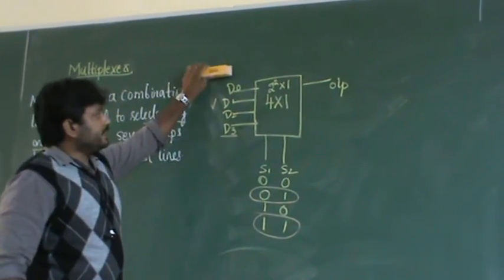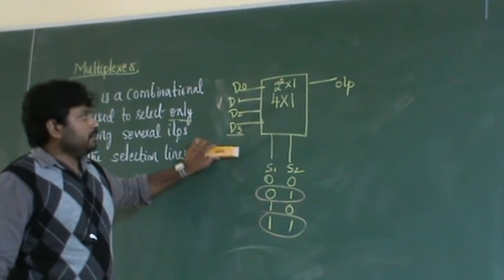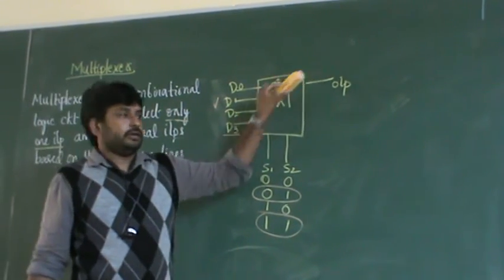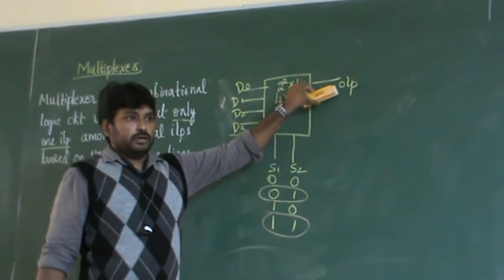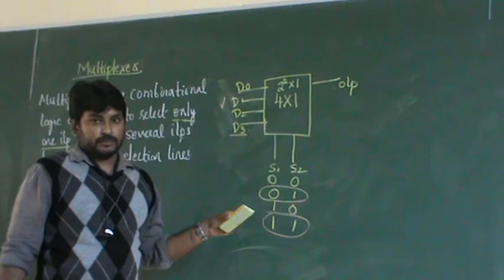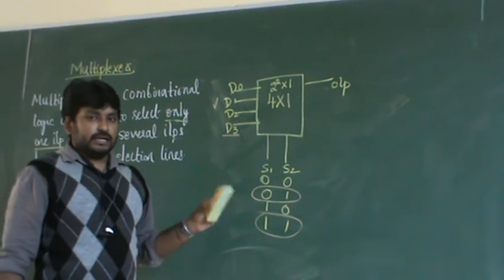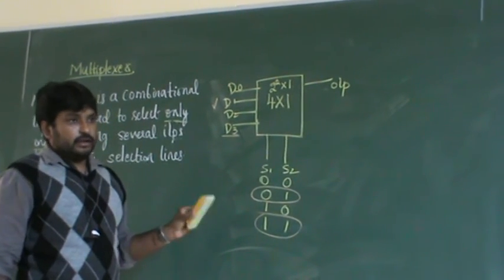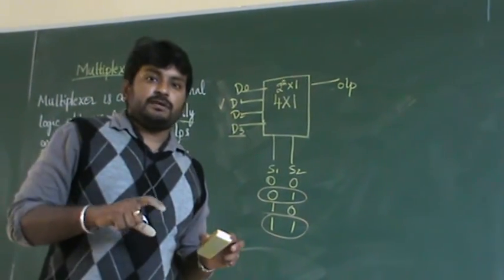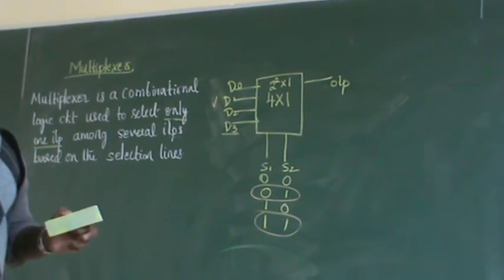So even though there are n number of inputs, it will be selecting a single input and providing it to the output. So we can call this multiplexer a data selector. Remember, we can call this multiplexer a data selector. Keep this concept in your mind whenever I am explaining the MEV technique.